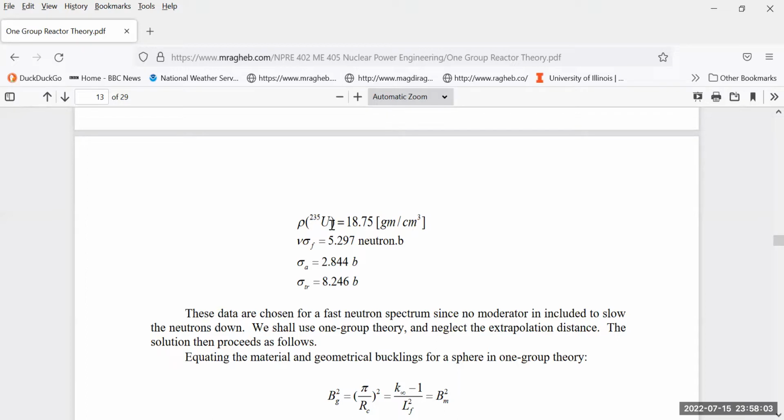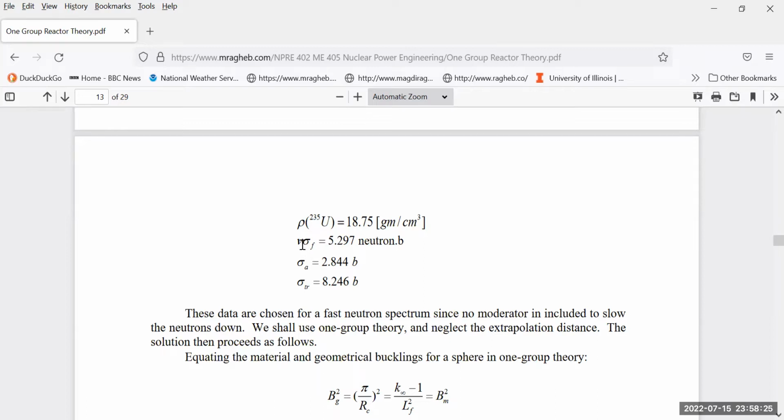You'll find that the density of uranium is very close to that of gold. So you can get an idea about the density of that uranium. The value of nu sigma f that we need in our calculation is 5.3 neutron barn.